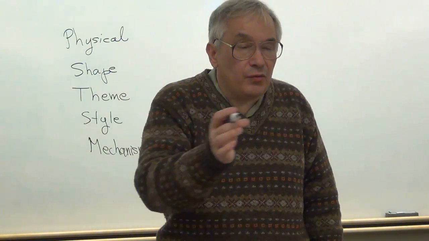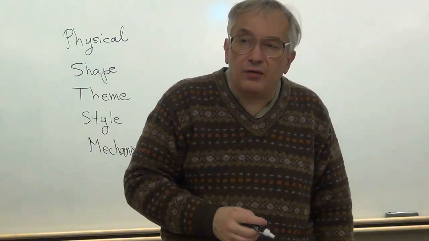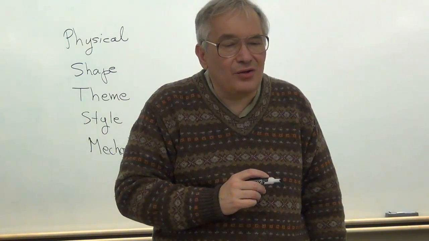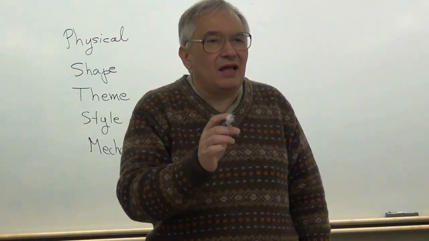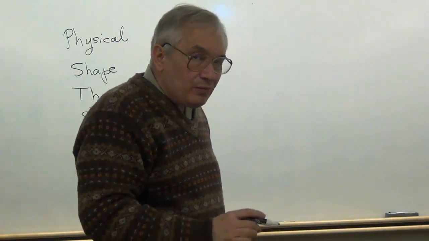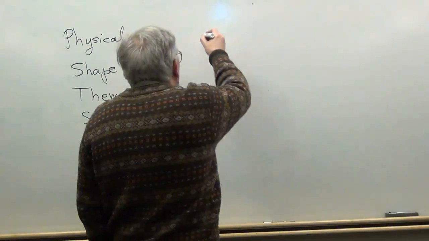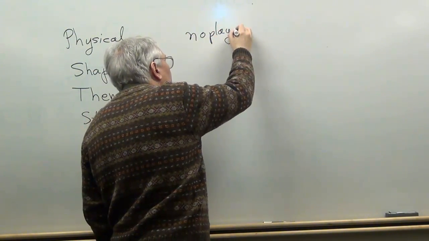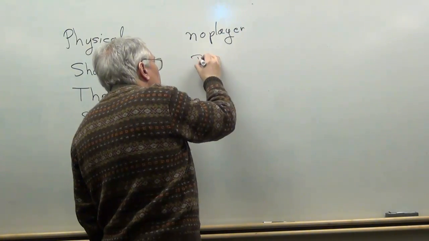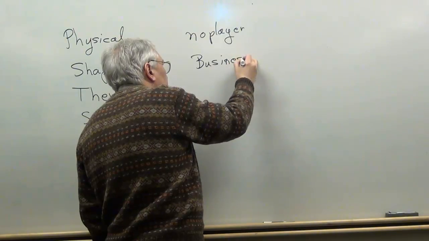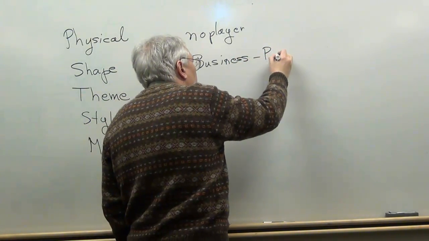It may involve trade between players or trade with some central repository, the bank as it is sometimes called. But trade, being allowed to make exchanges, is a general mechanism. So I was listing mechanisms, and one was no player interaction. And another is that this is a business game, and there are production elements.